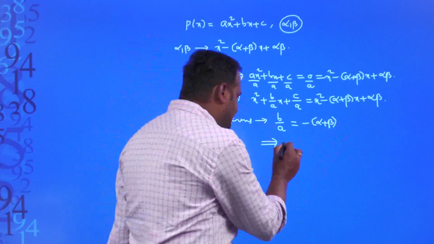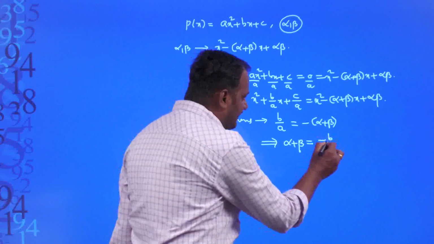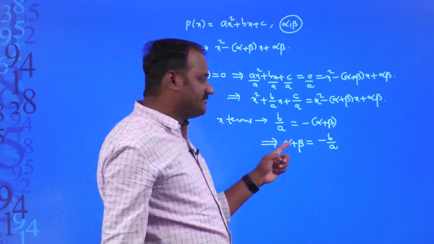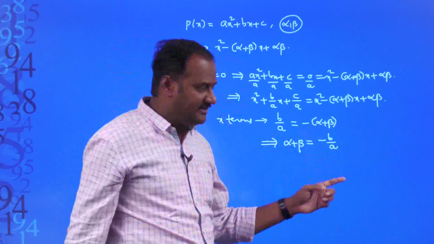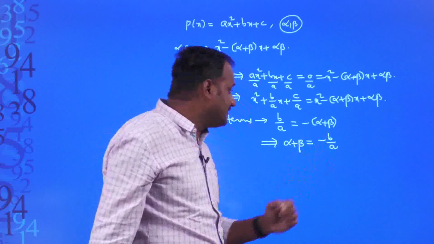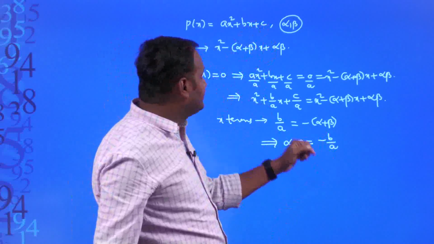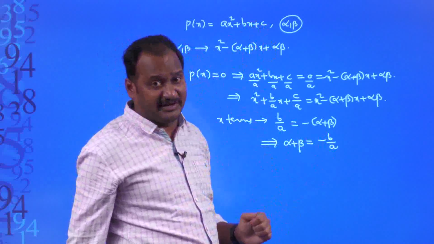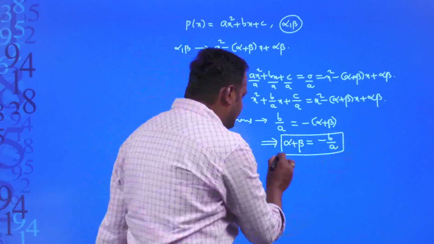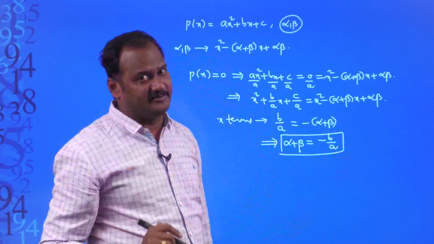Here I can say that the value of alpha plus beta is equal to minus b divided by a. It means to find the sum of zeros of the given polynomial, I just consider the ratio between b and a. What is b? The coefficient of x. What is a? The coefficient of x square. So alpha plus beta is equal to minus b by a. That is the standard formula for finding the sum of zeros of a second degree polynomial.